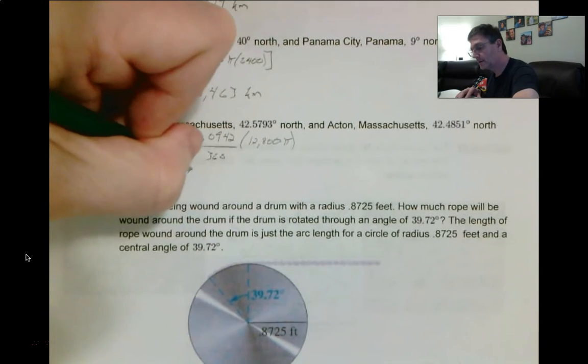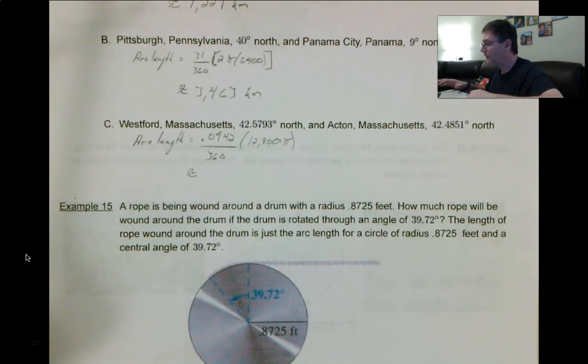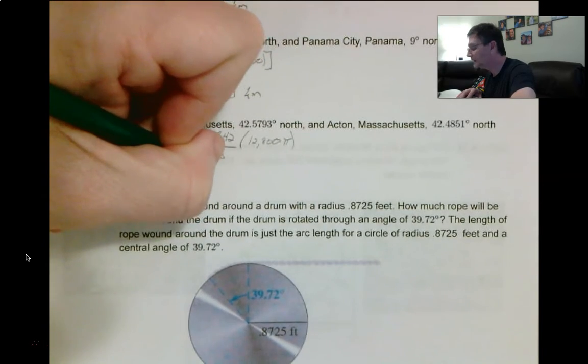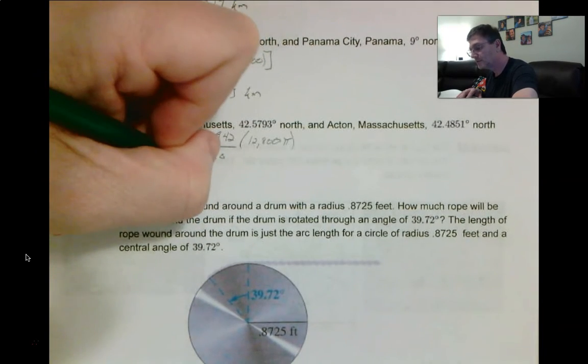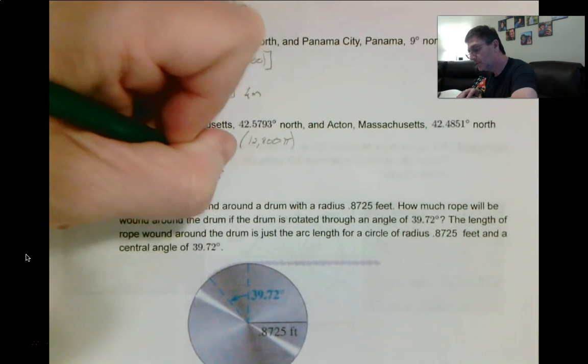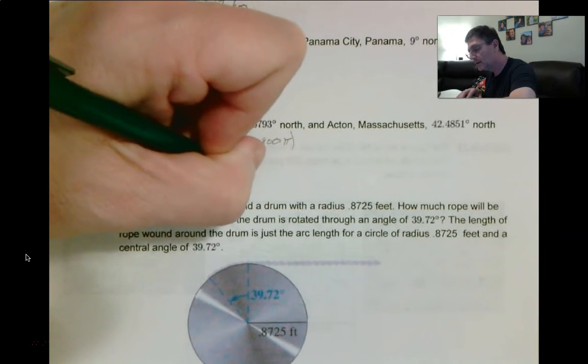and we go straight to our calculator. 0.0942 times 12,800 times pi divided by 360 gives us approximately, this time I'm going to round to the nearest tenth because it's a much smaller distance, 10.5 kilometers.